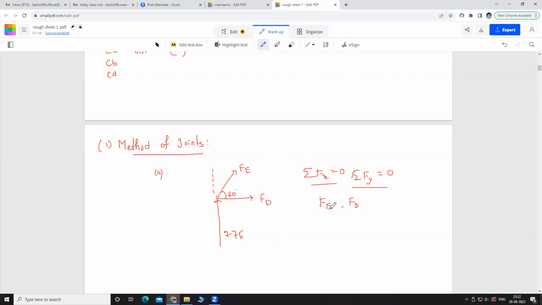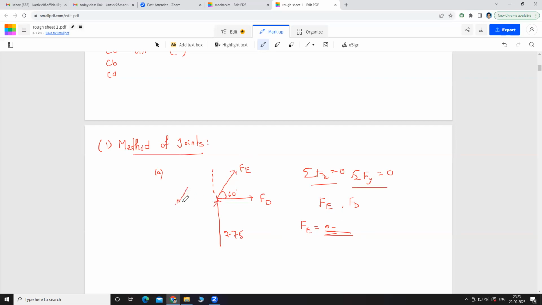After finding these values, suppose you are getting Fe negative. That means whatever direction we have assumed, we need to draw in the opposite direction.